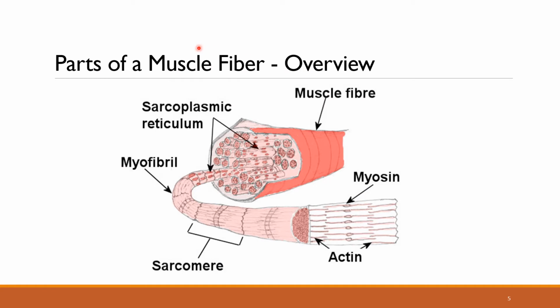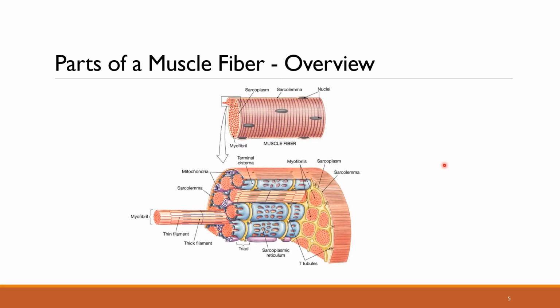So these parts of the muscle fiber we have studied in the previous lecture. You have the muscle fiber, which is made up of myofibrils, which are divided into a sarcomere. A sarcomere is formed by the presence of myosin and actin. Okay, so this is a more advanced picture. You have the sarcoplasm, which is the cytoplasm of the muscle cell.